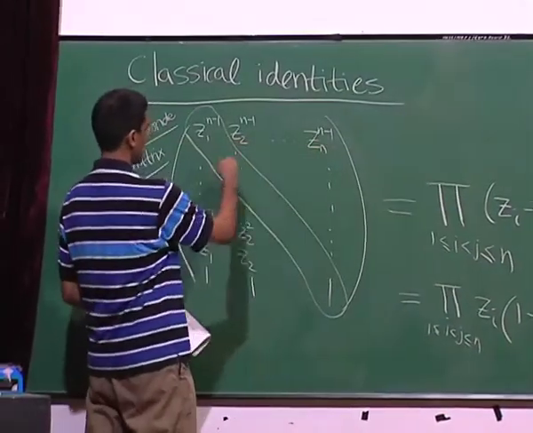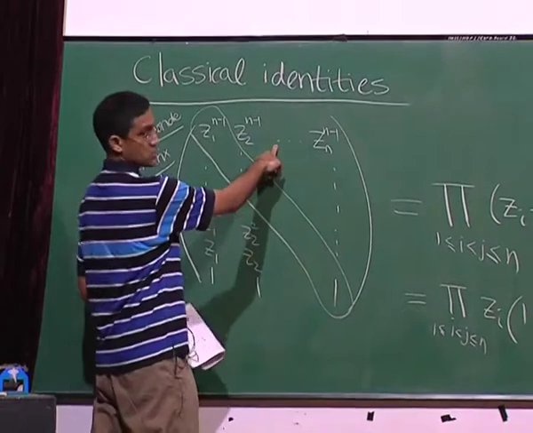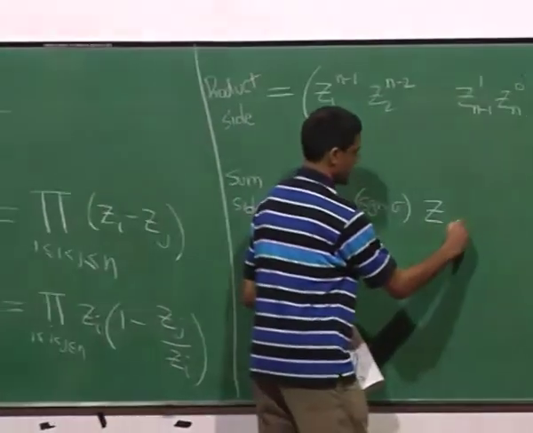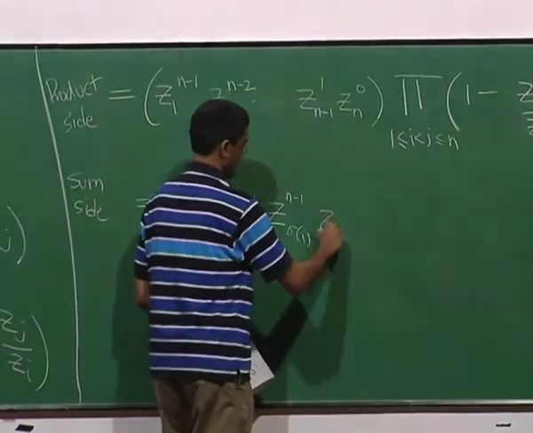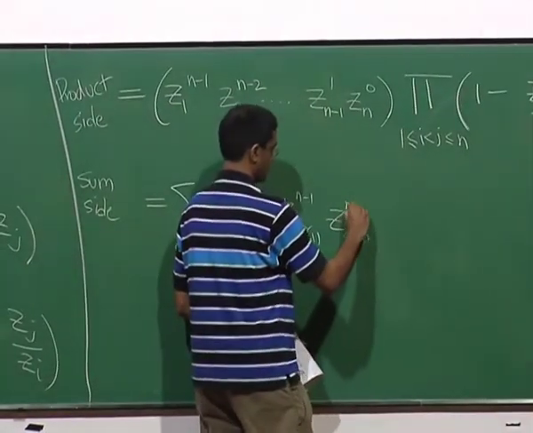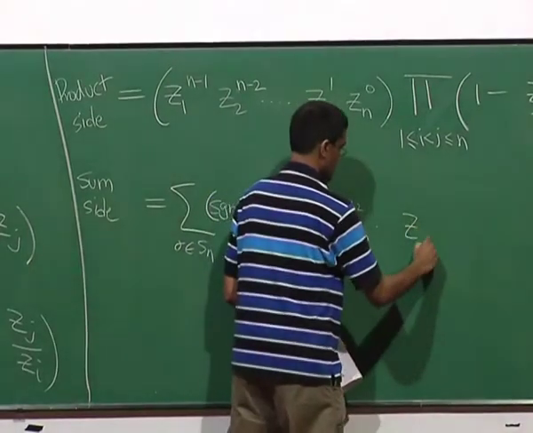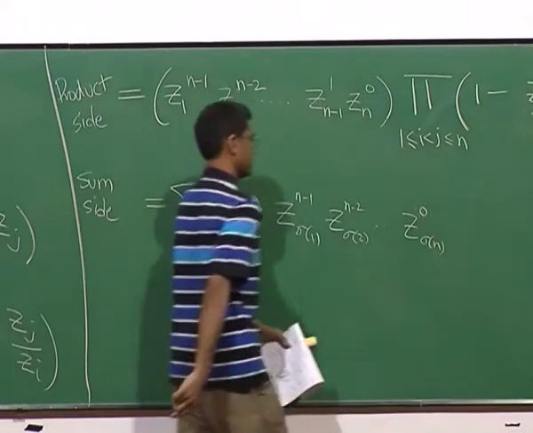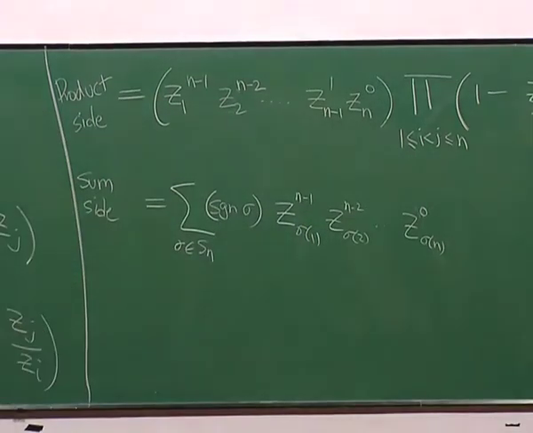It would look like z sigma 1 to the power n minus 1, z sigma 2 to the n minus 2, and so on, to the 0.